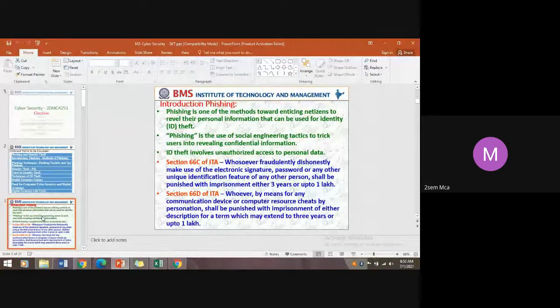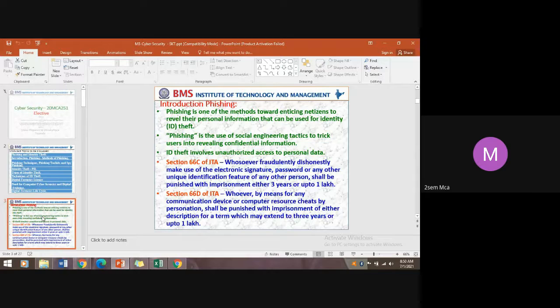To address that, Section 66C of the Information Technology Act (ITA) says that whoever fraudulently or dishonestly makes use of the electronic signature, password, or any other unique identification feature of any other person shall be punished with imprisonment of up to 3 years and a fine of up to 1 lakh.